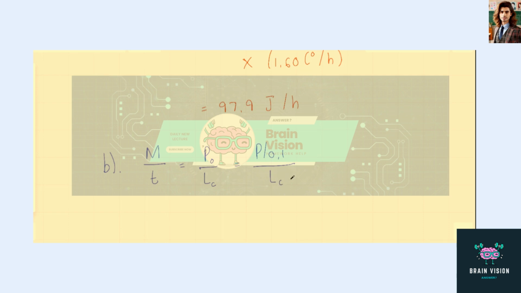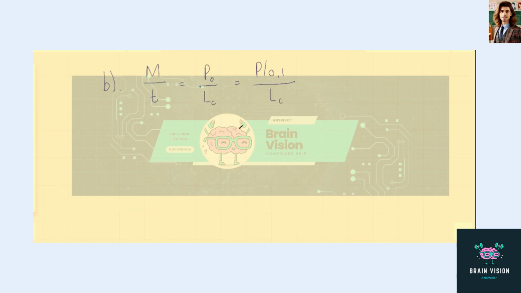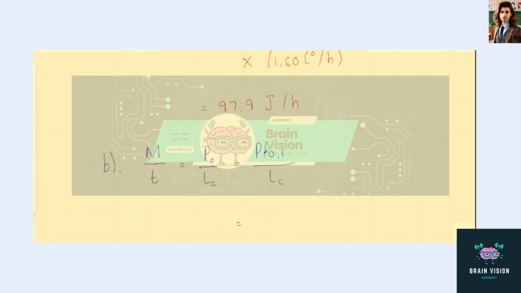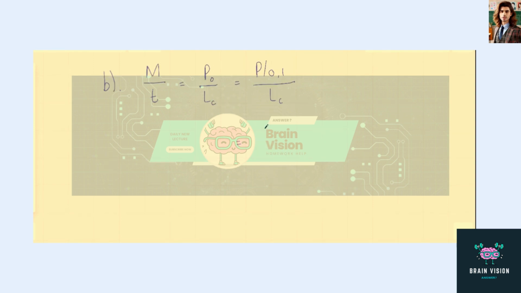divided by LC. So P we calculated to be 97.9. So 97.9 over 0.1 is 979 joules per hour. And 20 joules per gram of food is converted into heat energy.